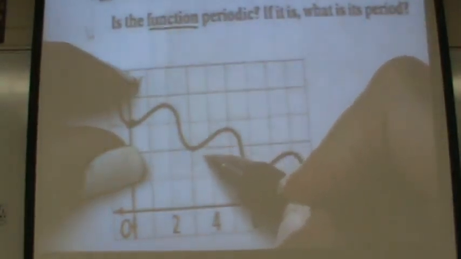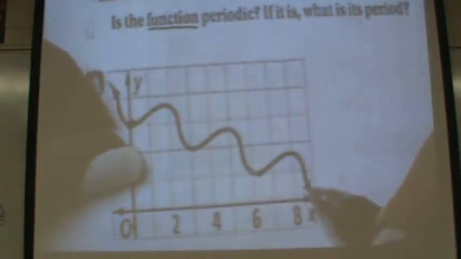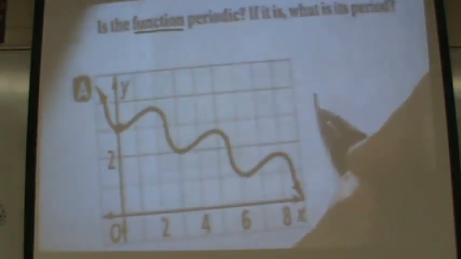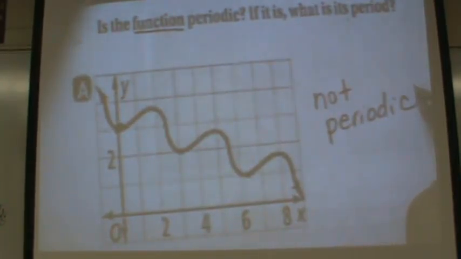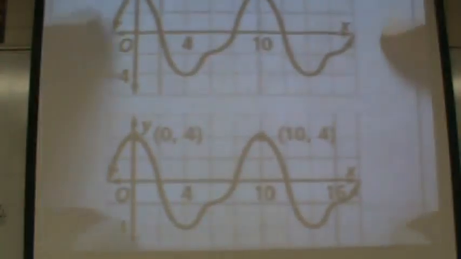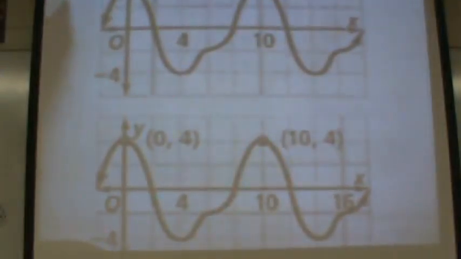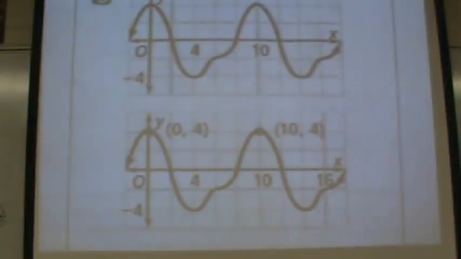So this is what's not making it periodic. So this one is not a periodic function. It is a function, but it's not periodic. Now what about these? Check these. These are the same graph, by the way. One is just a little bit more analyzed.